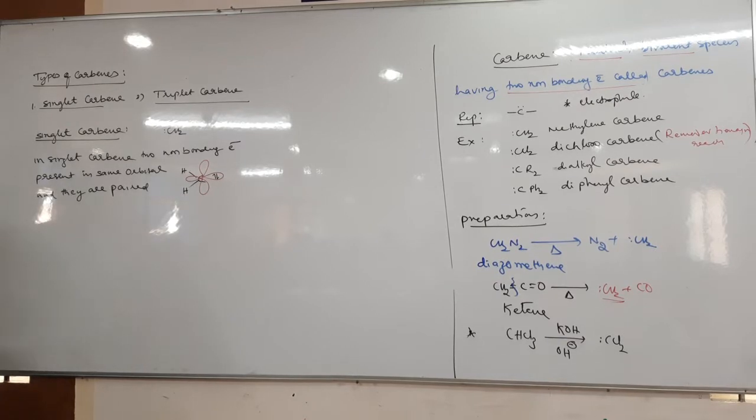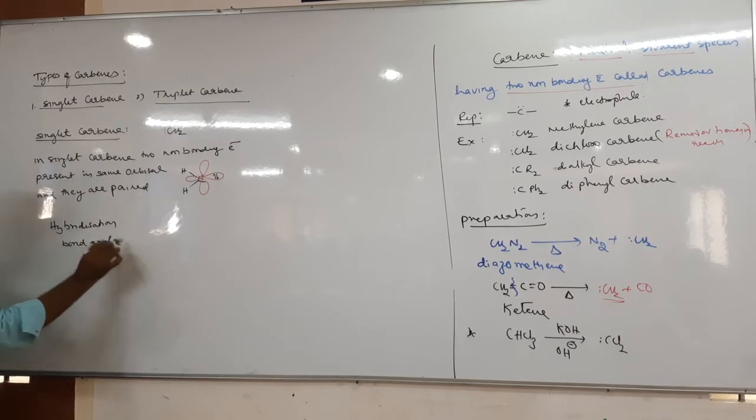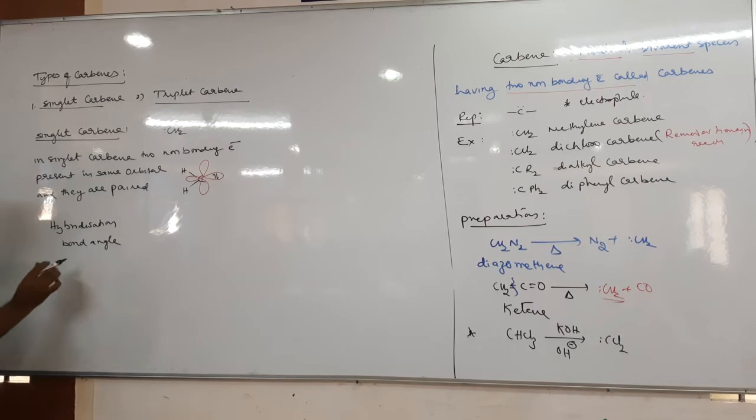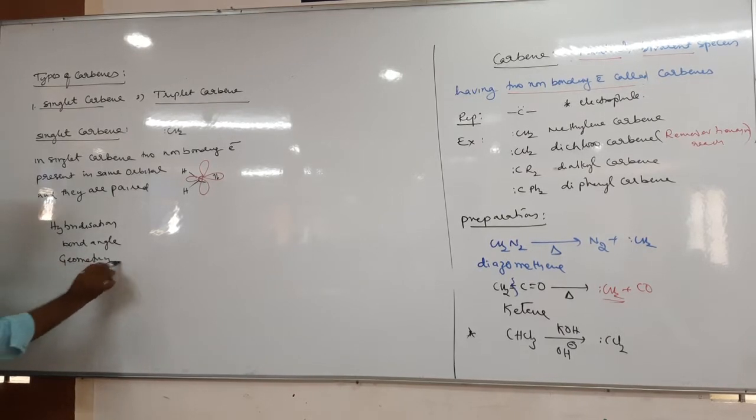Okay. Now tell me, if this is the structure, first is hybridization. Then what is the bond angle? And next, what is the geometry?